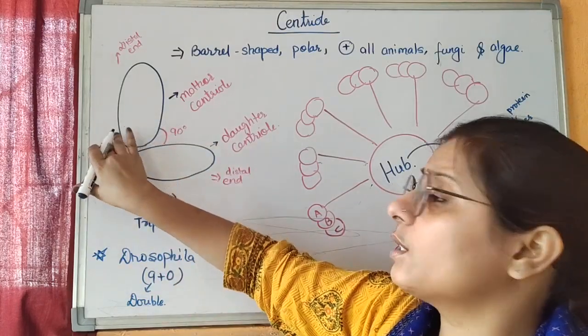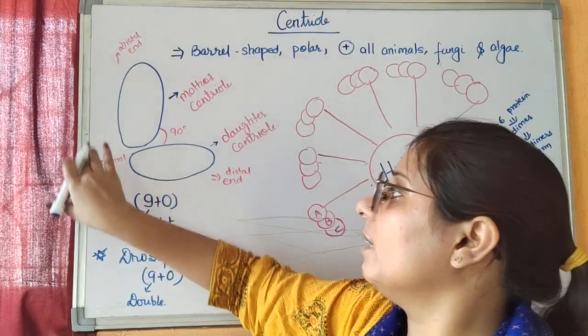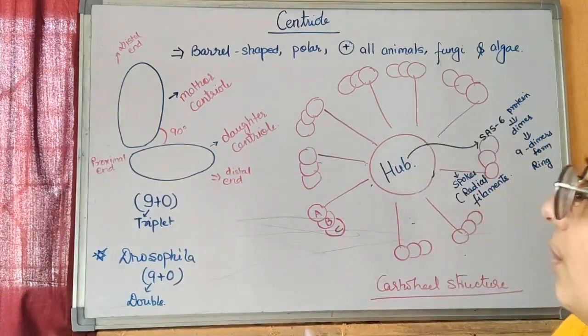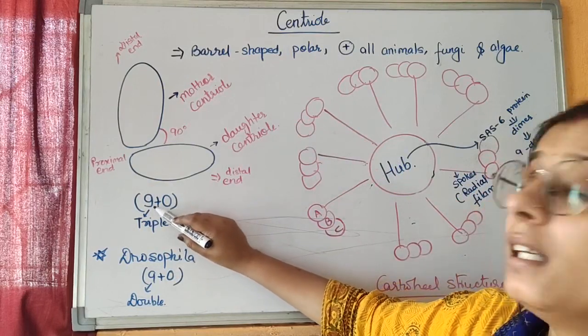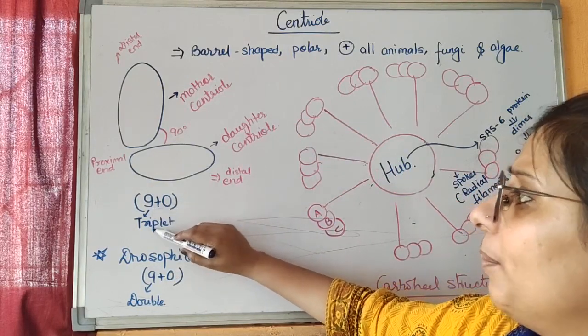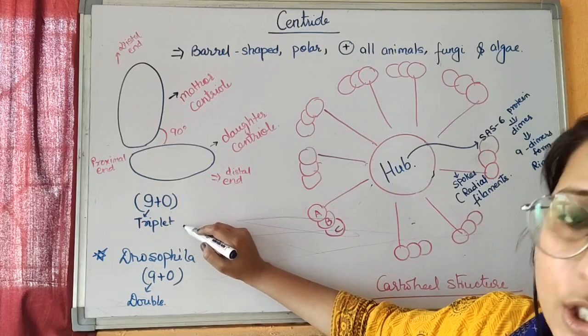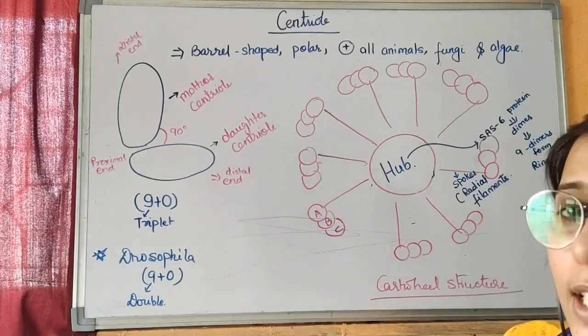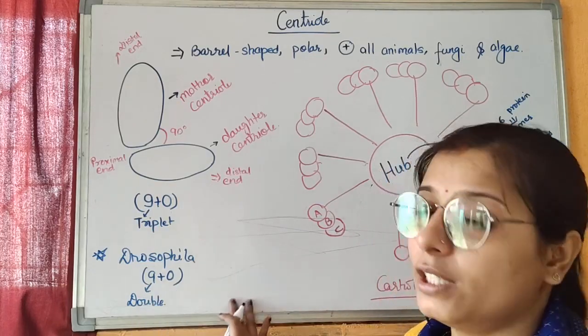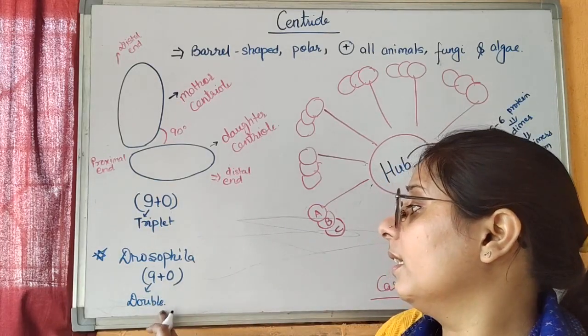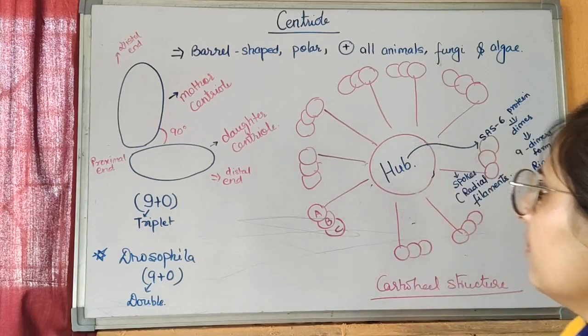It is a polar structure having a distal and proximal end. The arrangement of the centriole is a 9+0 structure, where 9 triplets of microtubules are present, but the special example is Drosophila, which has a 9+0 arrangement, but the 9 rings are doublets in their structure.